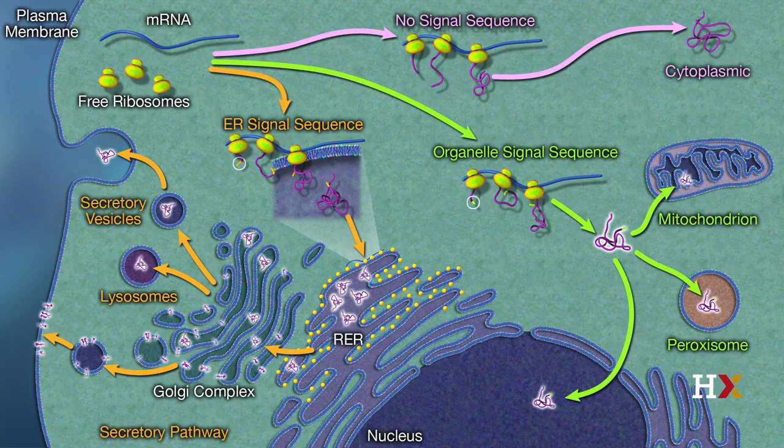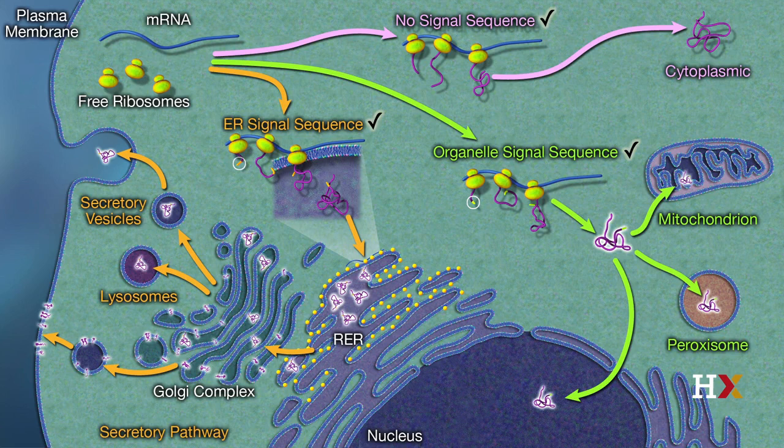As shown on this diagram, newly synthesized proteins have several fates. Some proteins made on free cytoplasmic ribosomes have no signal sequence and will remain cytoplasmic. Other proteins synthesized on free cytoplasmic ribosomes have a specific N-terminal signal sequence that directs these proteins to mitochondria, the nucleus, or other small organelles such as peroxisomes.